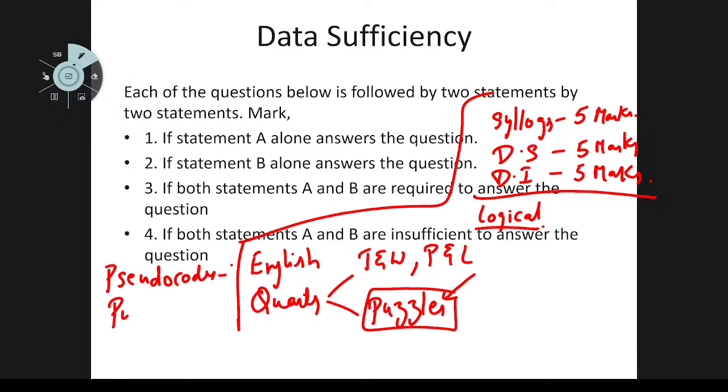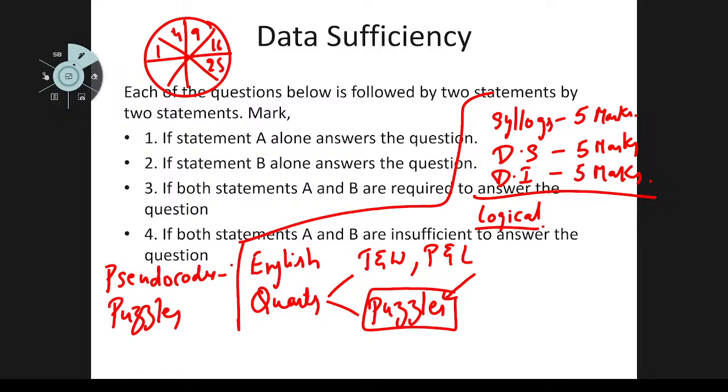And puzzles are basically like number series. Sometimes it would be something like this: this is 1, this is 4, after that this is 9, this is 16, so the next number should be 25. It may not be this easy, but the pattern is the same. You just have to crack that pattern. That is how the puzzles are given.